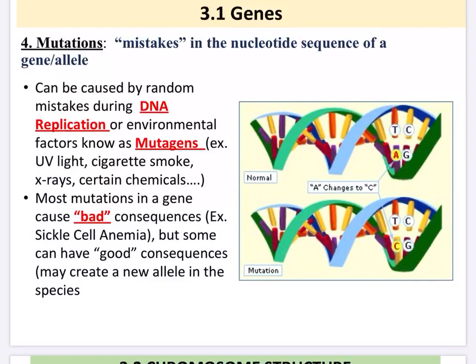Other causes are environmental factors, such as exposure to mutagens like ultraviolet light, cigarette smoke, x-rays, chemicals, etc. Most mutations in a gene cause bad consequences, like sickle cell anemia, but some can have good consequences, creating a new allele in a specific species that actually helps the species survive and becomes more prominent through natural selection.